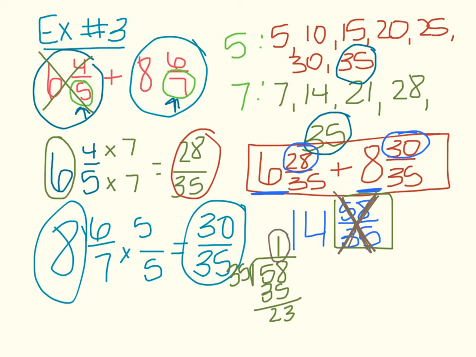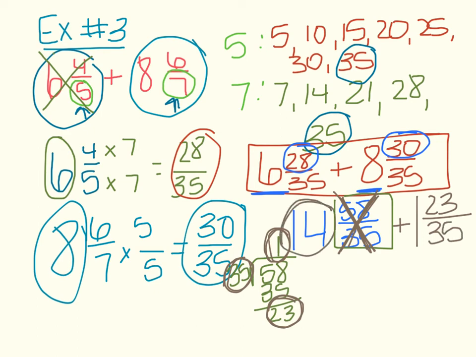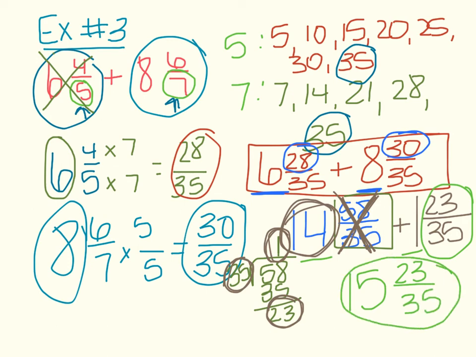Now I have 1 and 23/35. Add that to my whole number over here. So 14 plus 1 is 15. And then I just keep my fraction part, 23/35. So 15 and 23/35 is the answer.